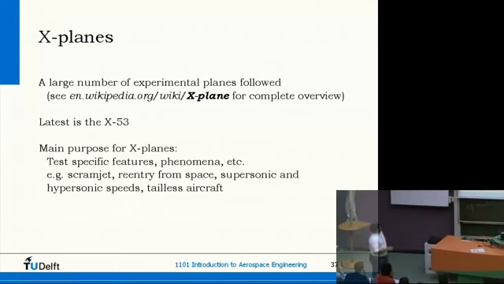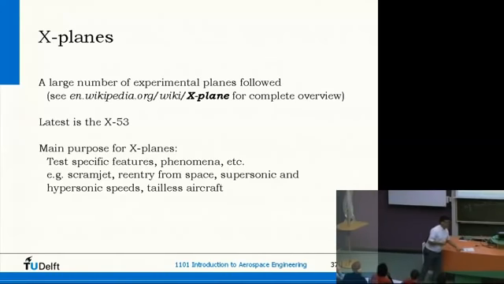If you look on this side, you can see a large overview of all kinds of X-planes. I think one of the latest, and maybe that's already obsolete, I don't know, is somewhere around the X-53 or something like that. I will show a few of them and just mention how they used them to explore the limits of flying.